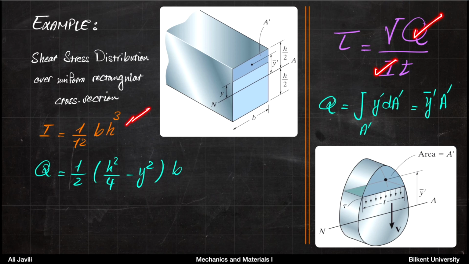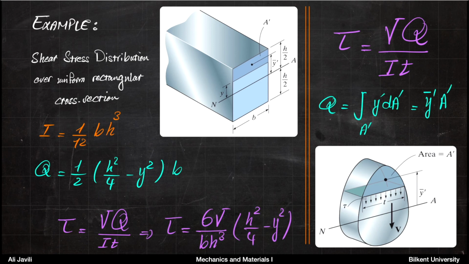It's 1 over 12 b h cubed. t in this case is basically b. It's just the width and it's uniform. So we have everything that we need to find the relation for the shear stress. And if we insert these numbers, we would have this formula. So this is your shear stress distribution. And as you can see, it's a function of y.